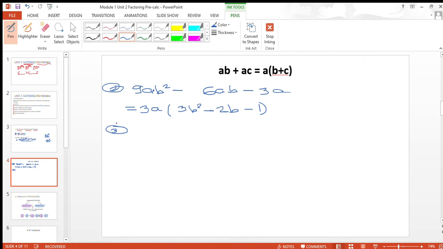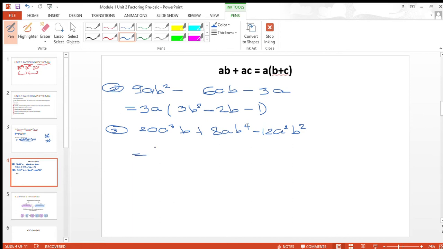Another example. Let's say we have 20a cubed b plus 8ab to the fourth, minus 12a squared b squared.